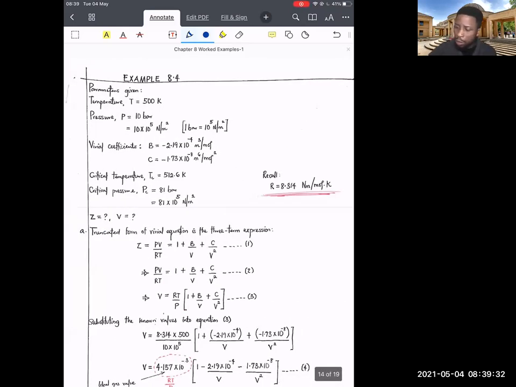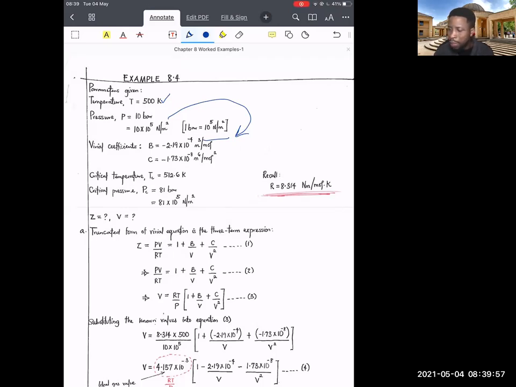Let's look at what we've got. We've written them down. For consistency of units, bar needs to be converted to Newton per meter squared, because if you look at all the other parameters we've been provided with, we'll see units like Newton and meter there. So that's why we've done this conversion.